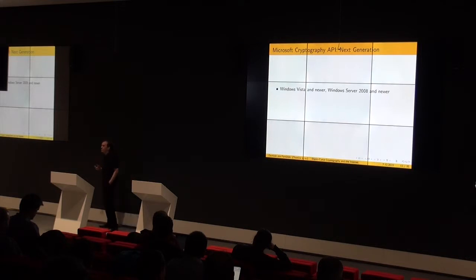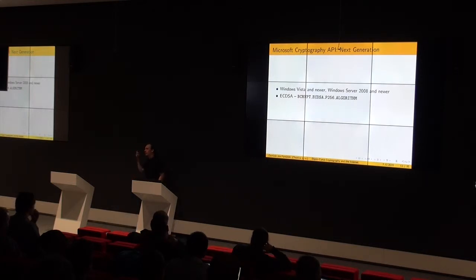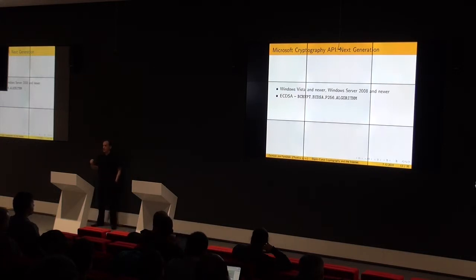So even when you try to play with the algorithms directly, there are fewer things to screw up than with OpenSSL. If you want to play with ECDSA, you just instantiate a provider of the ECDSA 256 algorithm, and that's it. The right curve chosen, right hashing function chosen, etc., etc. Pretty useful. But then again, don't do it.